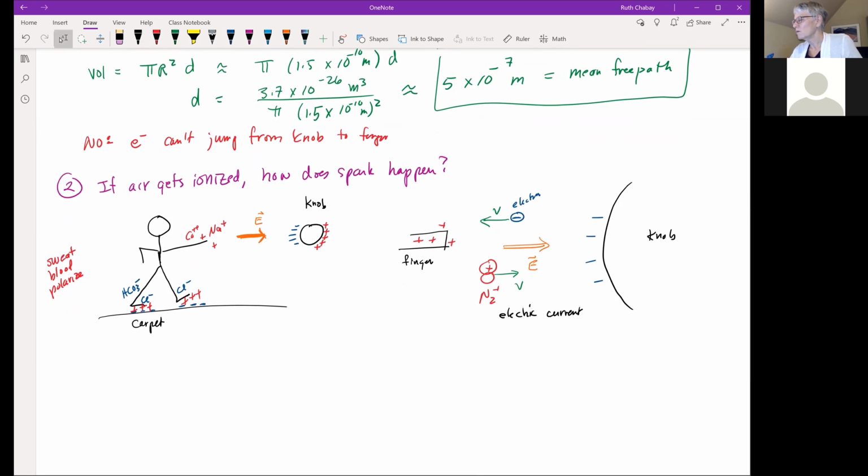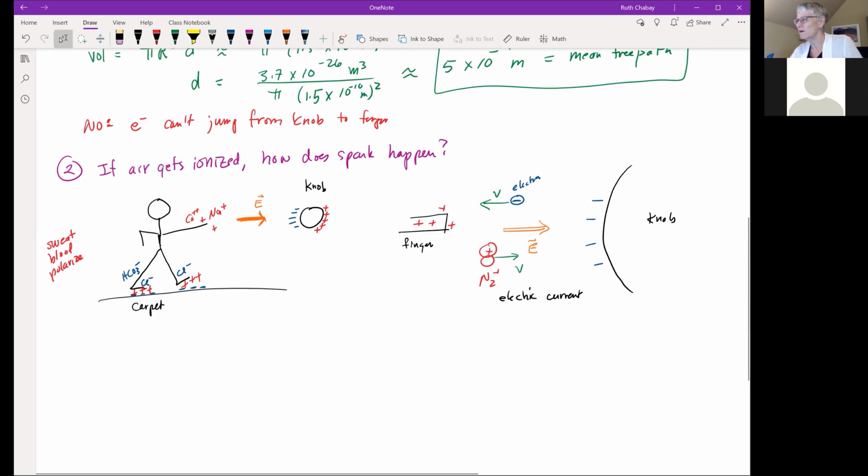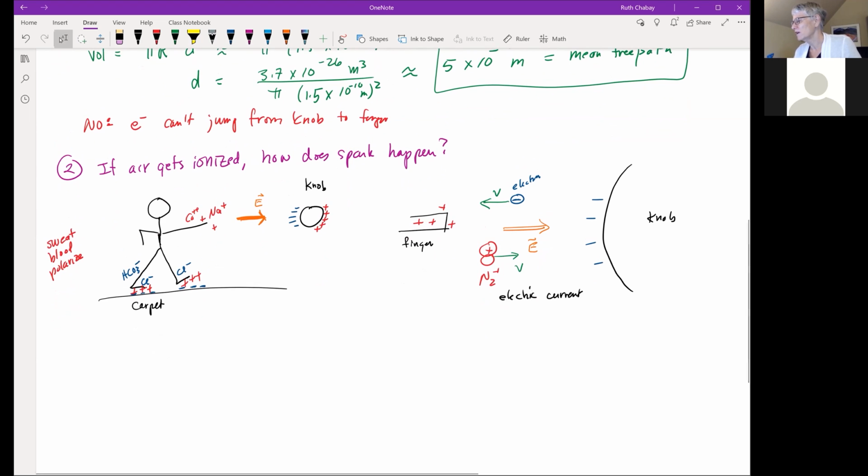And is this just going to go on forever, though? I mean, Charles, I think, pointed out equilibrium, or what's going to happen as this charge flows? Well, eventually that electron or some electron will get to your finger, and it will neutralize some of the positive charge on your finger.